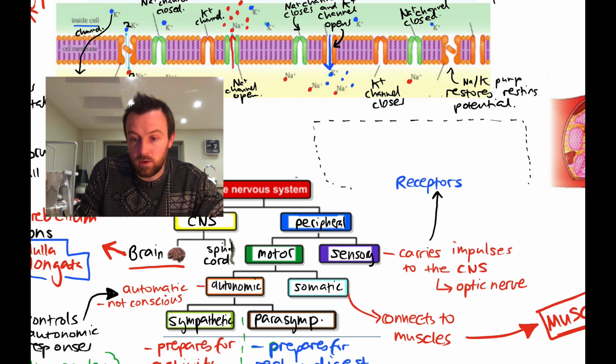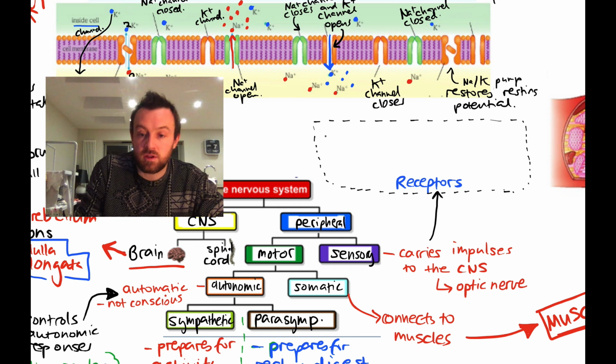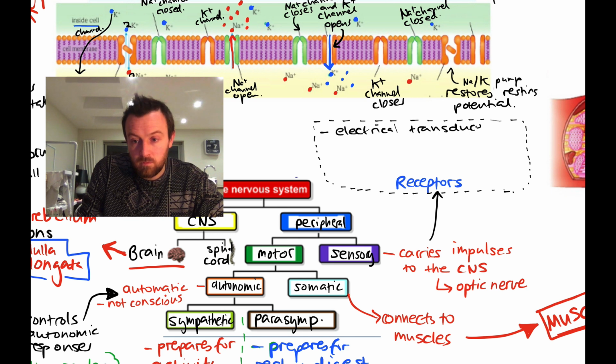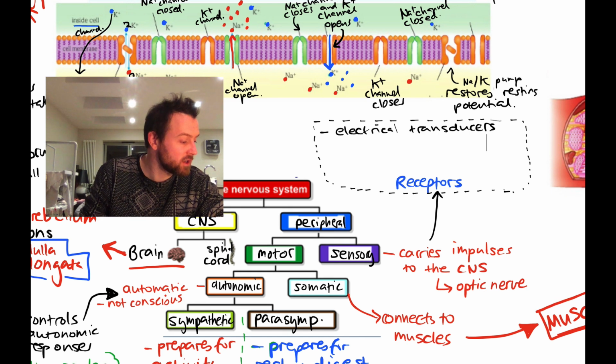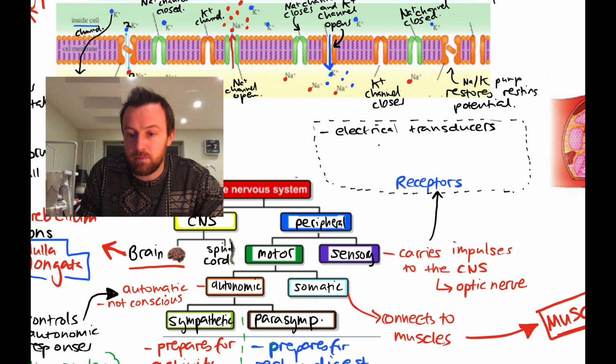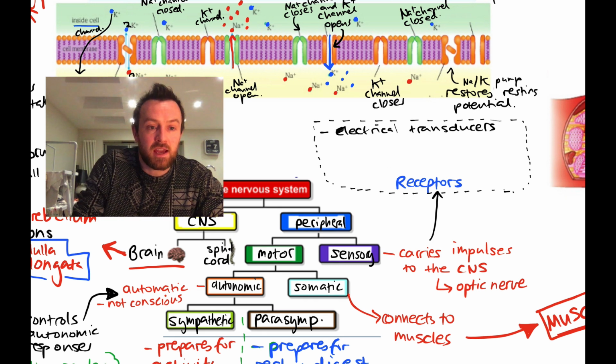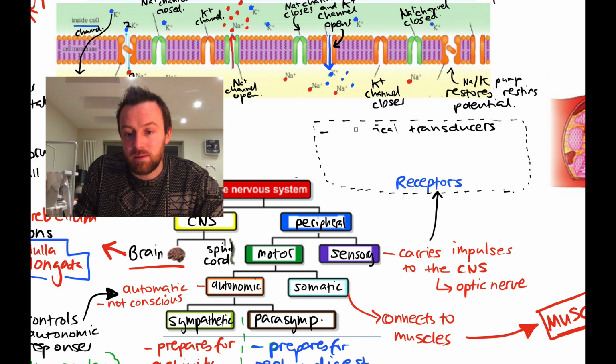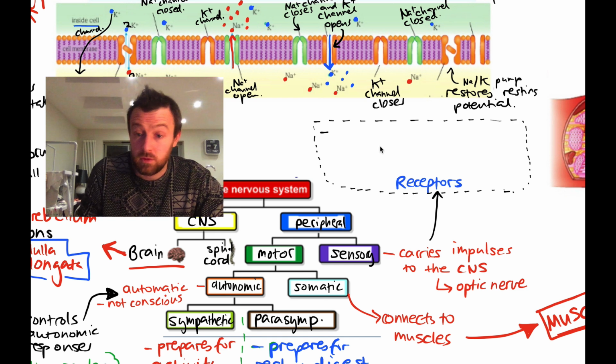I'll just put a bit of notes in here. So receptors are transducers, which means that they can take one stimulus and turn it into an electrical signal.